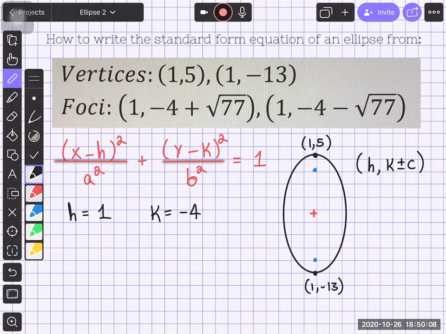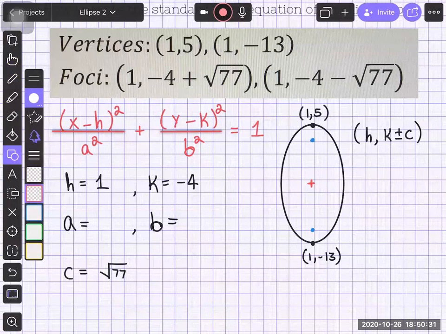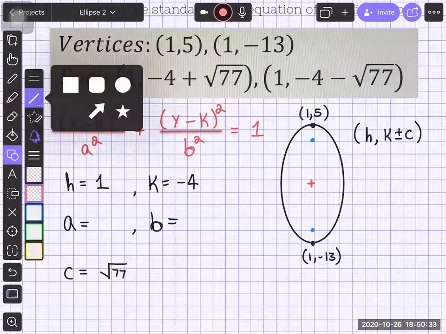Now, we need to calculate a, we need to calculate b, but they are already giving us c indirectly, which in this case is the square root of 77. Now, let's just identify the distances.